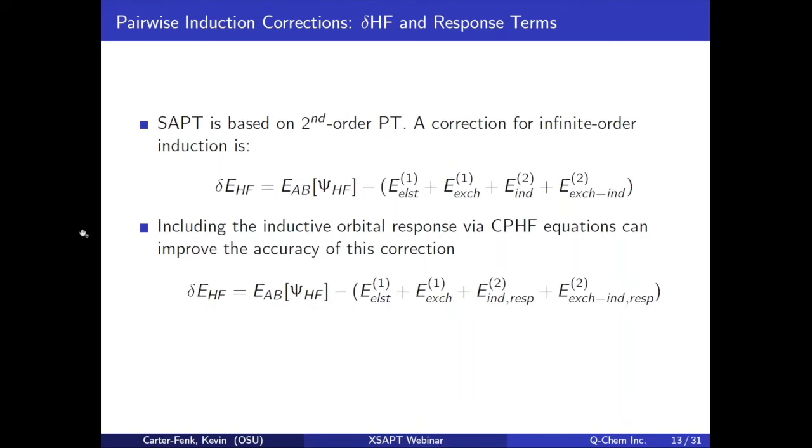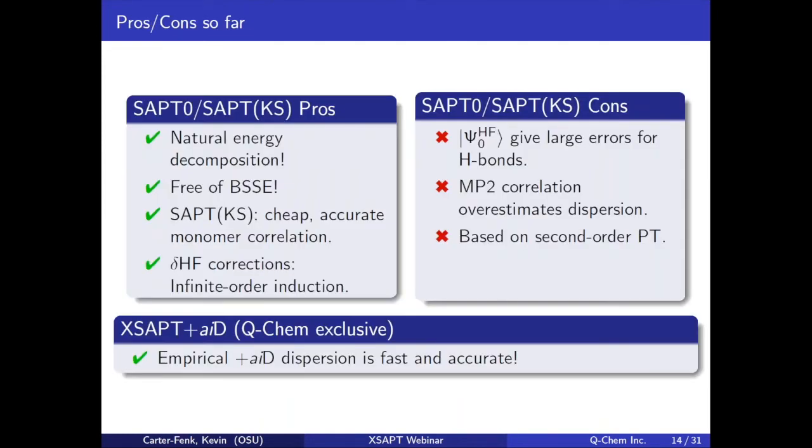So those induction terms come from solving the CPHF equations, where the perturbation is the interacting monomer density. So these delta HF corrections are a pairwise correction to the induction energy. So we can get higher order corrections in the terms that need them the most.